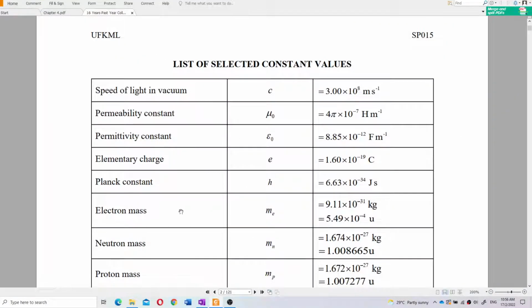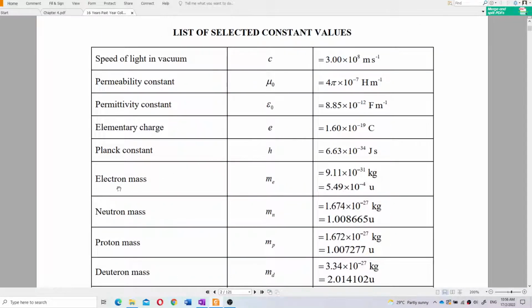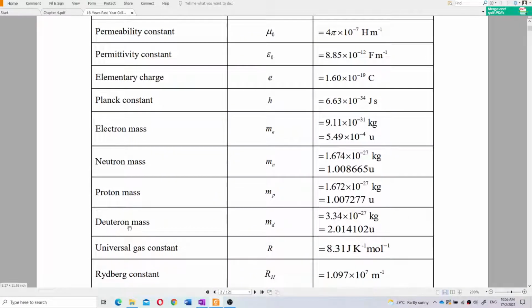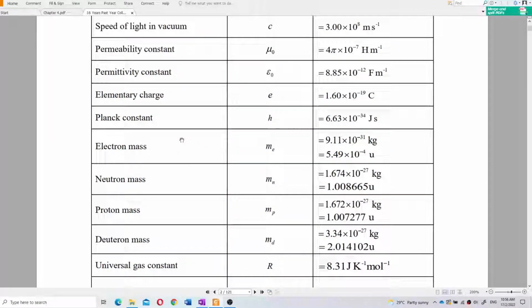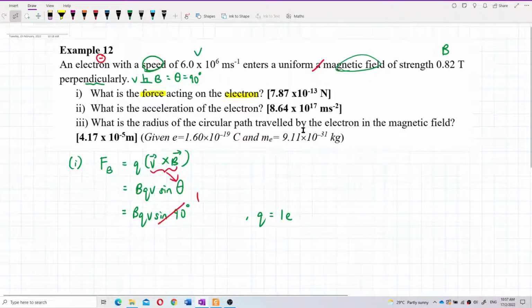The list also has the mass of electron, mass of neutron, mass of proton, even mass of deuterium. The mass of electron is 9.11 exponent negative 31 kilogram.